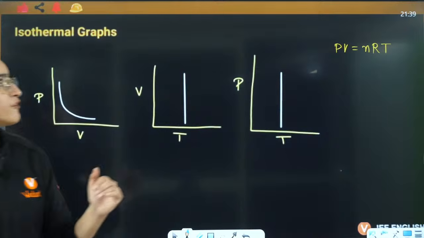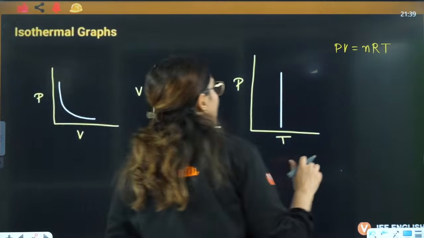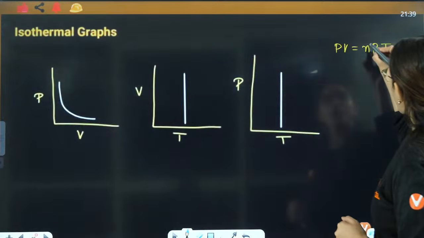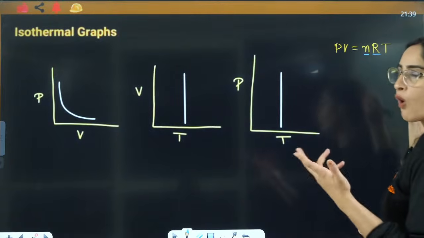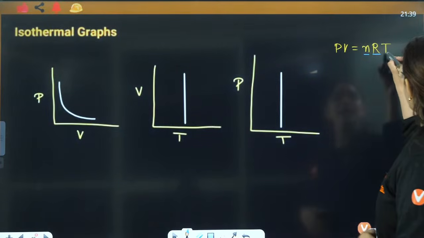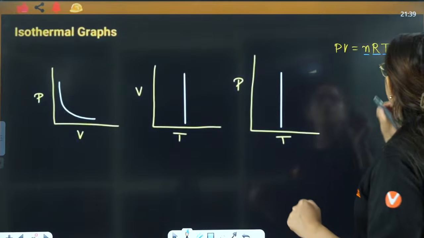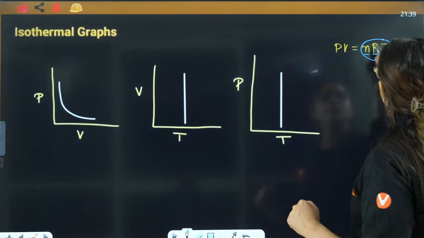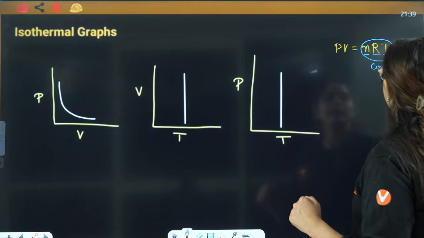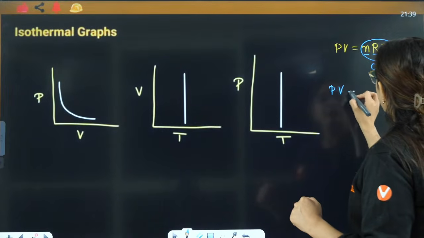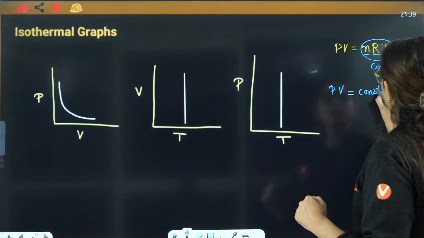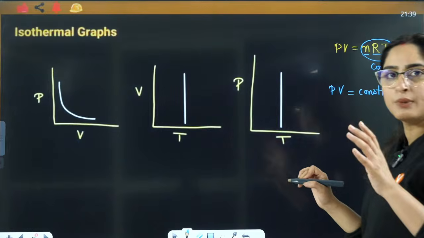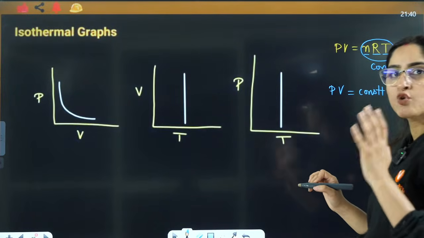Now the number of moles is already constant, R is a constant, the universal gas constant, and temperature in isothermal is constant. That means all these terms are constant here. That means I can say PV is equal to constant. So this is the equation for isothermal, that PV is constant.